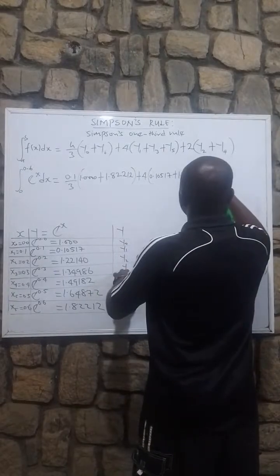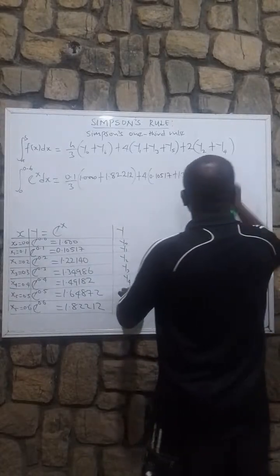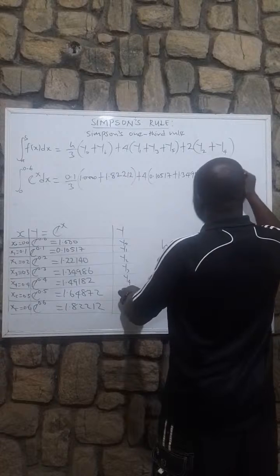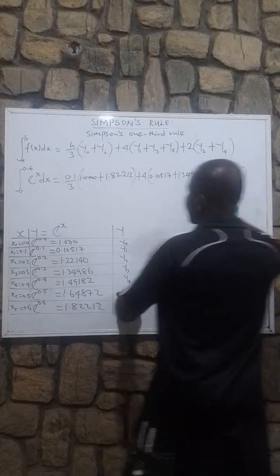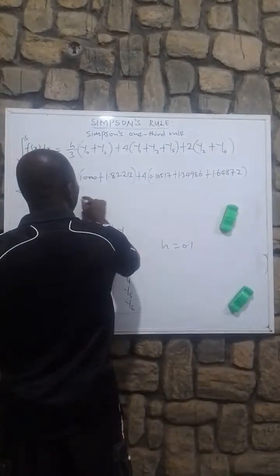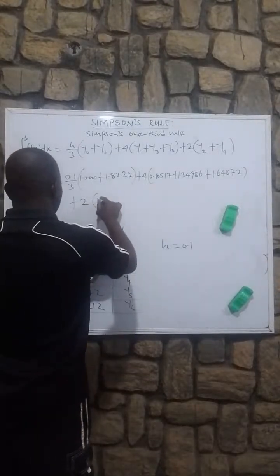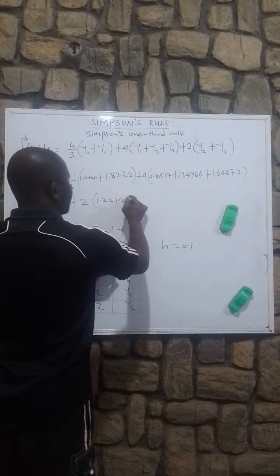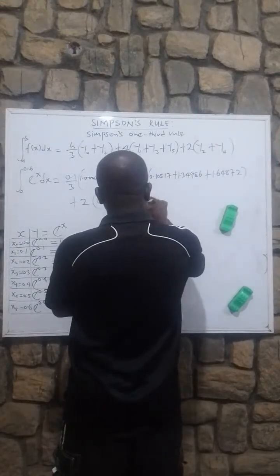Then plus y5 is 1.64872, close brackets, plus 2 open bracket y2. y2 is 1.22140. Then plus y4. y4 is 1.49182.